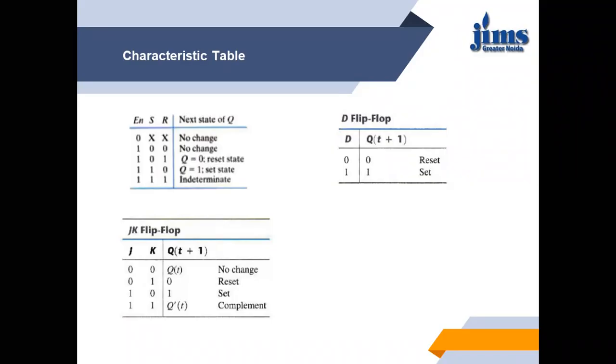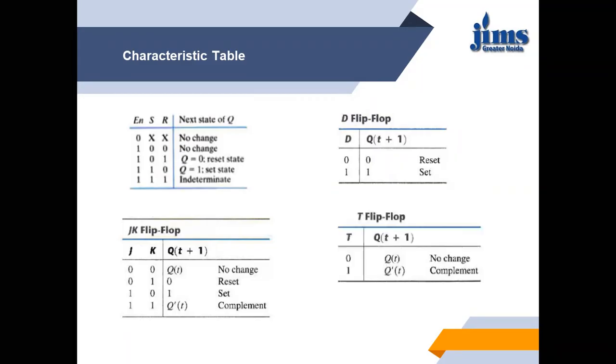If it was 0, the next state will be 1; if it is 1, the next state will be 0. This concept of JK 00 and JK 11 is converted into the T flip-flop, that is the toggle flip-flop. For the toggle flip-flop, with the clock active, if T is 0, the output has no change. If T is 1, the output is complemented.